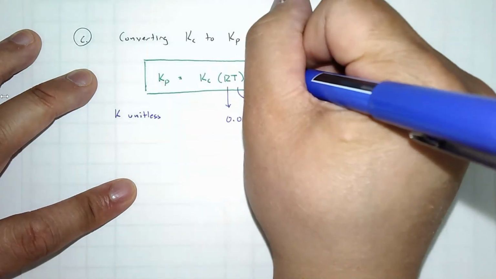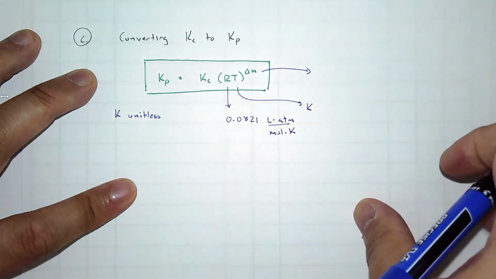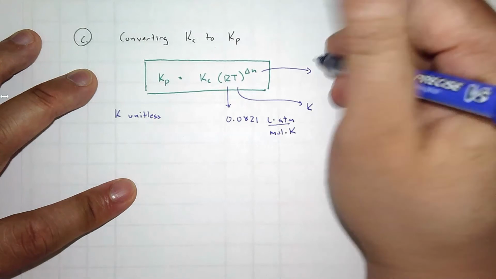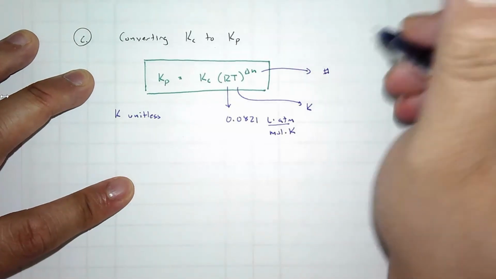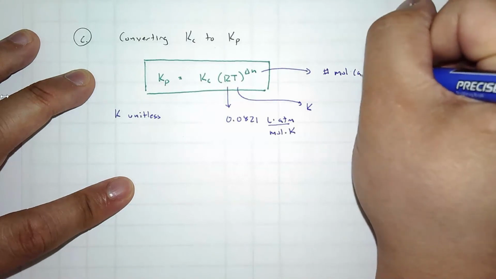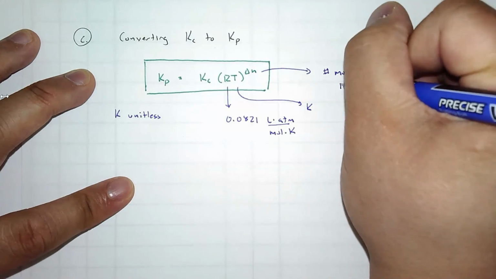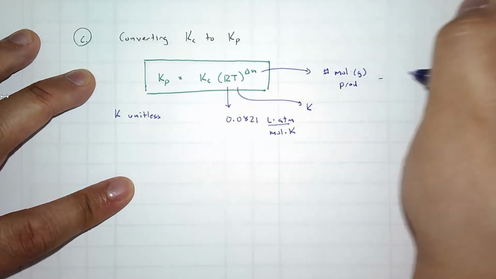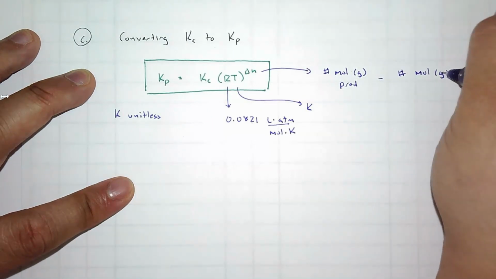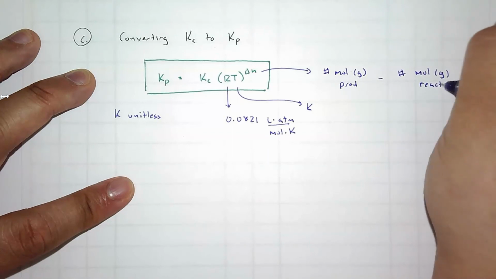Delta n is the difference in the number of moles from products to reactants: number of moles of gas in products minus number of moles of gas in the reactants.